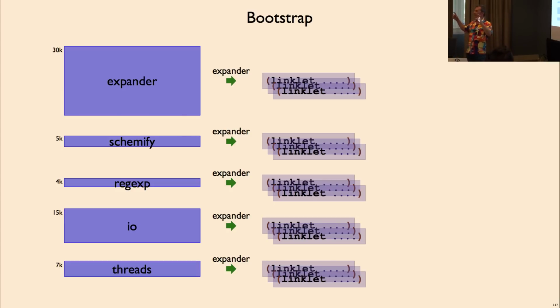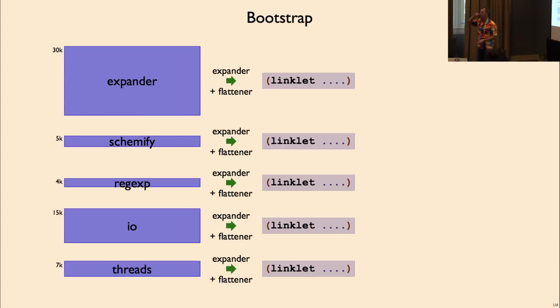You get these linklets, and they could be separately instantiated and linked together, but if you know statically what you want, then you can just flatten those linklets down. So as part of the expander package, there's also a flattener in there that'll sort through the modules, find the linklets that you actually need from the modules, and flatten them out to just the runtime code.